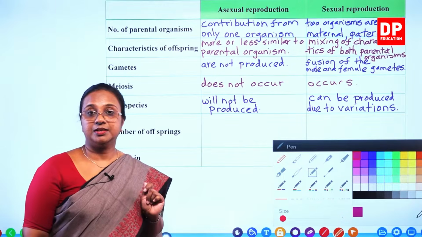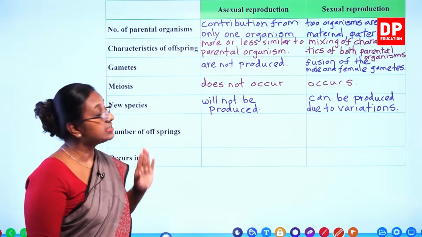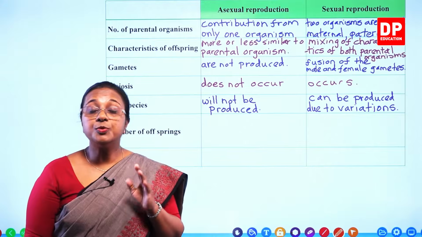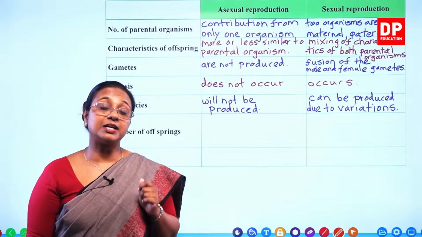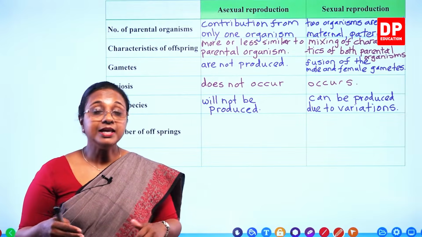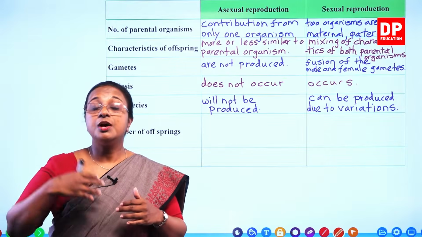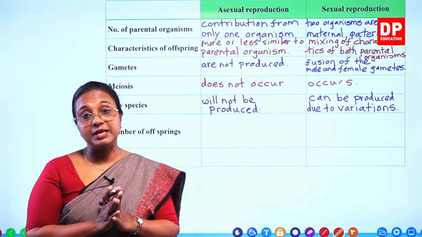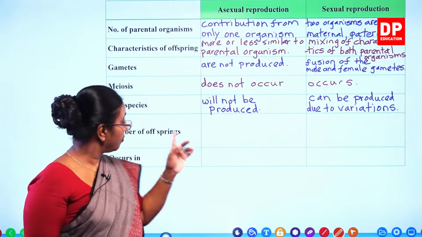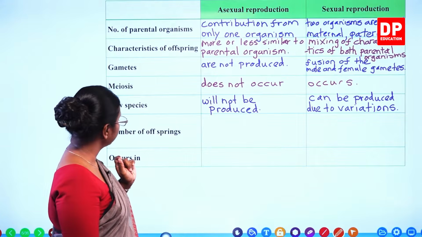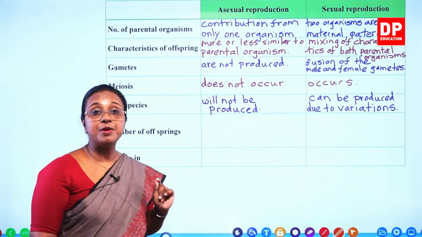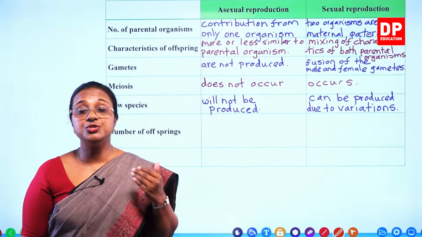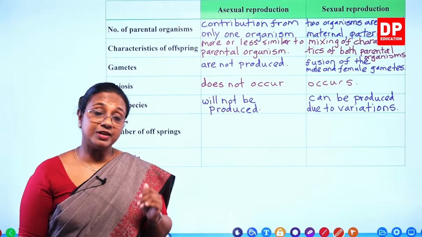Number of offspring. If we take asexual reproduction as an example, we consider the spores and the vegetative reproductive parts. There it is easier to produce many offspring during a short period of time. So, during asexual reproduction, a large number of offspring are produced during a short period of time.